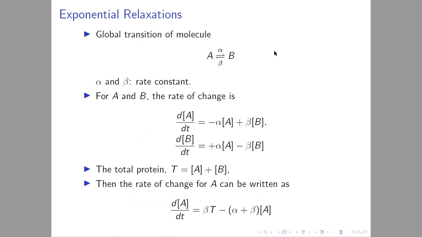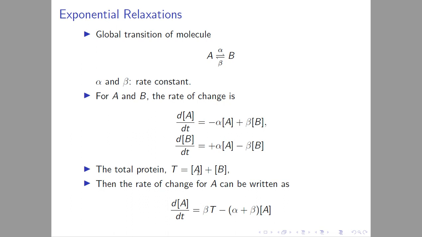Alpha and beta are the rate constants. For A and B, the rates of change are dA/dt and dB/dt. Say the total protein is A in the A state plus B in the B state. This is not a protein and ligand; it is the same protein, in the A state and in the B state.